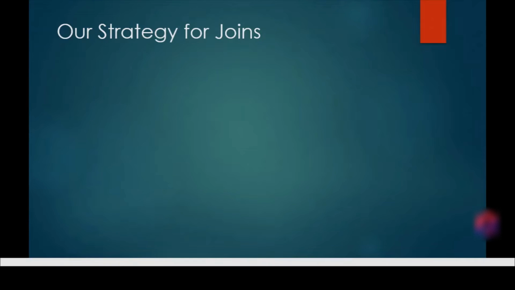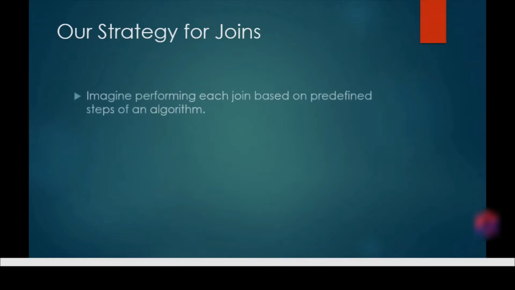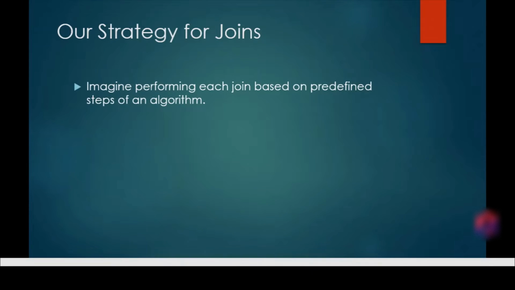So what is the strategy that we are going to use in order to be able to answer correctly for the different types of joins? We have designed an algorithm for each type of join. As we all know, an algorithm is nothing but a set of predefined steps in a specific order. If we follow each step correctly, then we are sure and confident about each join.